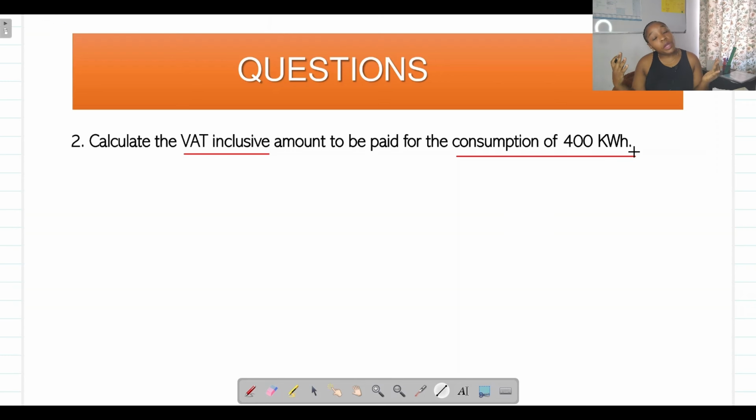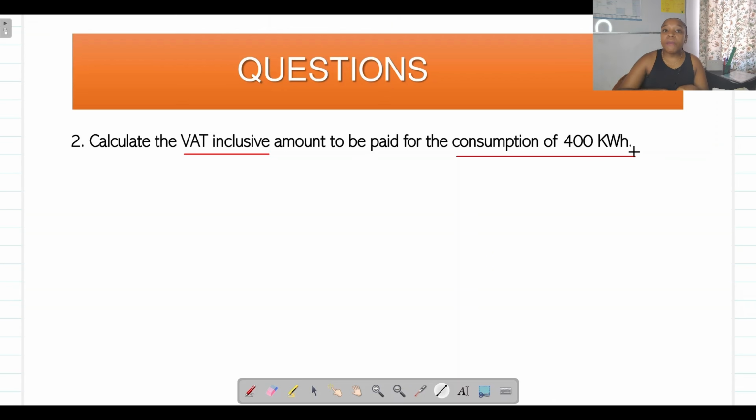So guys, the first thing we're going to do is calculate how much you would pay, excluding your 15% VAT, for the 400 kilowatt hours of electricity. After we've done that, all we're going to do is add our 15% VAT and we are done. Okay, so try this out on your own.